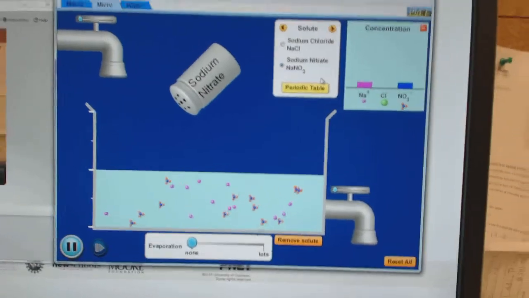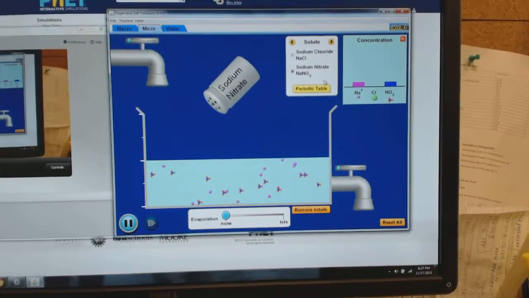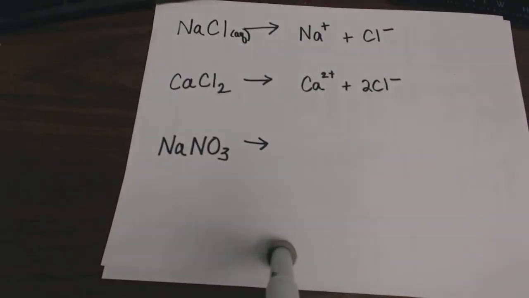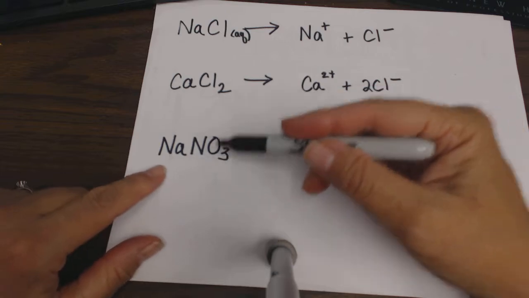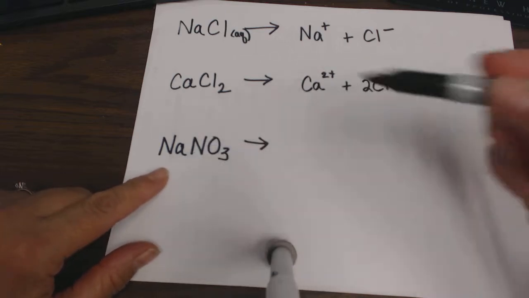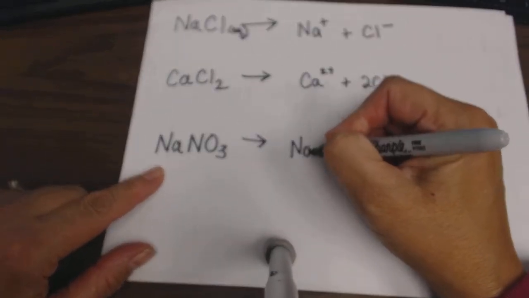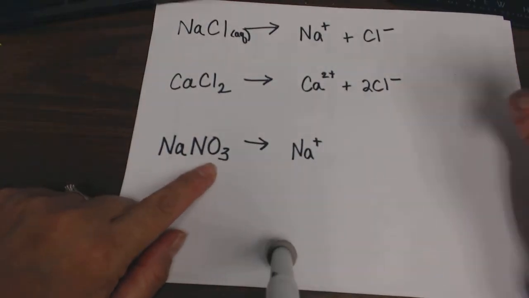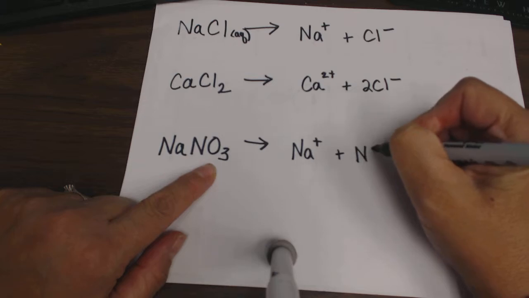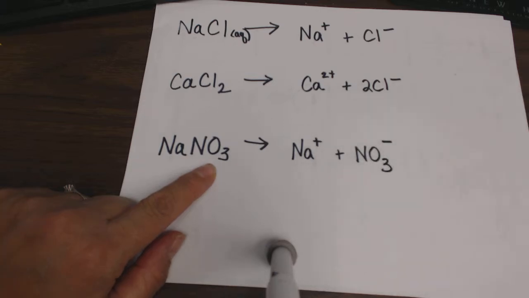So as a last thing, let me write down here on my paper. NaNO3, when I break this apart, the Na is Na plus, and the NO3 is a negative ion, nitrate, NO3 minus.